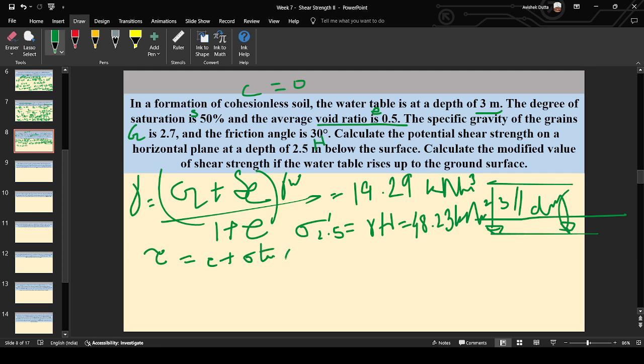Phi is how much? Phi is 30-degree friction angle given over here. So putting all the values, we get approximately 27.85 kilonewton per meter square.